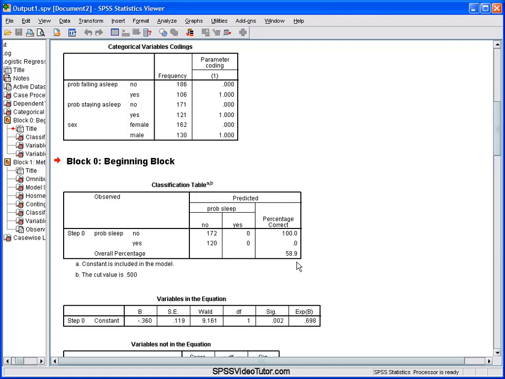So, since there were more people that stated they didn't have a problem sleeping, 172, compared to those who said yes, which was 120, SPSS guessed that all people did not have a problem sleeping, and as you can see, it was right 58.9% of the time. Now we want to see if adding the independent variables improves our prediction accuracy.